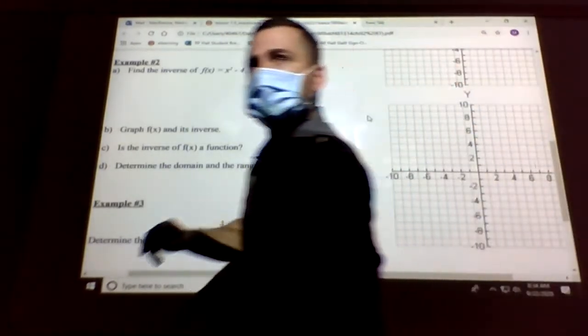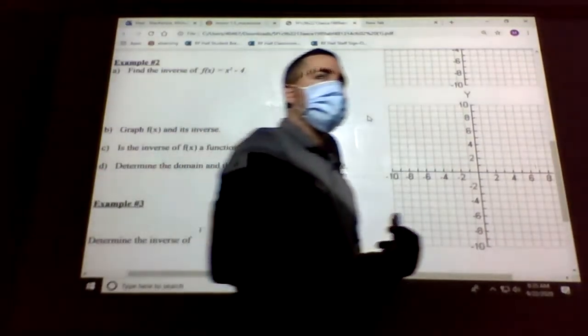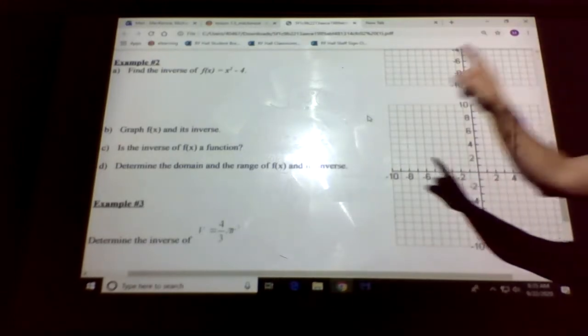Okay, so we're gonna follow a couple steps, okay? Before I can switch the y to x, what must I do before that? What do I have to do to start to find the inverse of the equation? Okay, so the first step is we're gonna switch that f and x to a y.